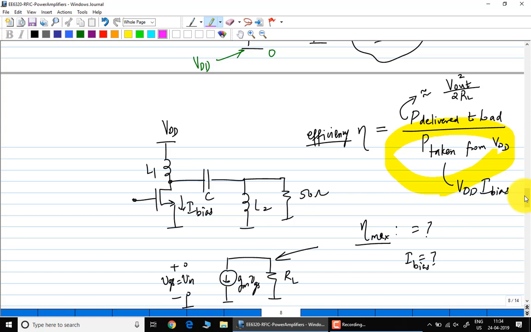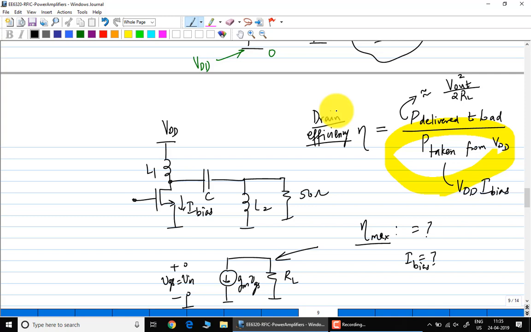That will give you the efficiency. I didn't mention it yesterday due to lack of time, but since we have now come to today's class, we'll also look at the other definition. This is actually called drain efficiency, and normally for power amplifiers there is one more efficiency that we are going to look at today. The drain efficiency is power delivered to the load over power taken from VDD.